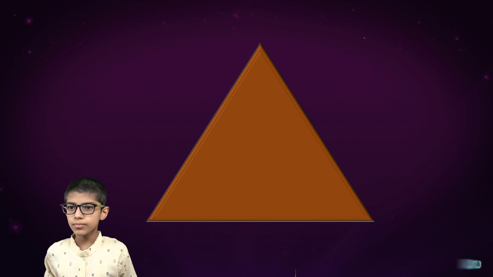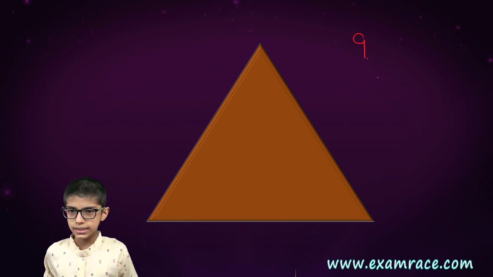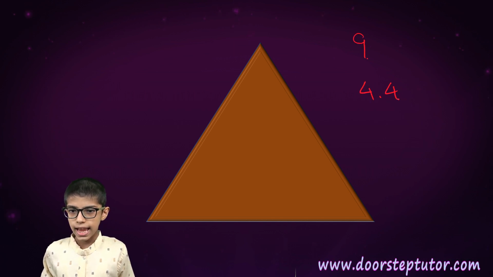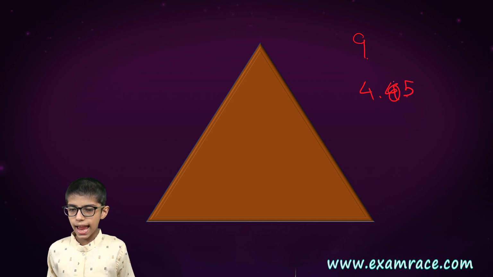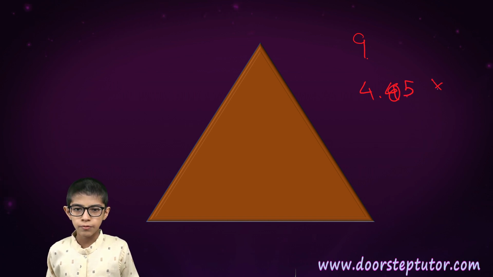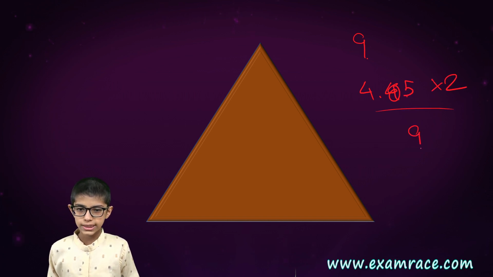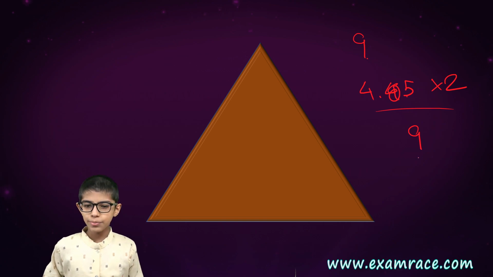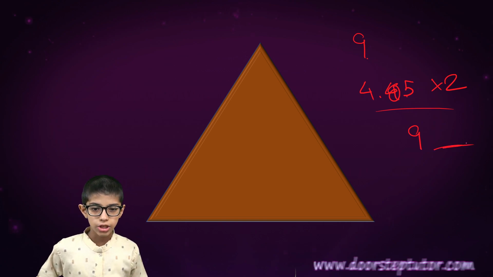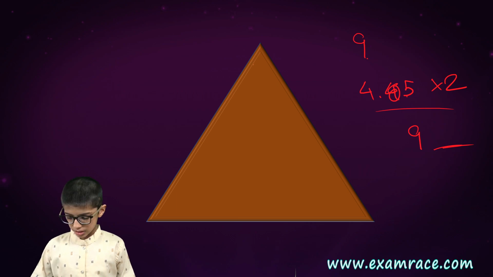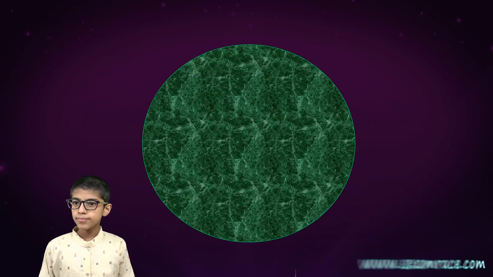So, if the base is 9, then 4.5. And if the height is 2, then 4.5 into 2, which gives us 9. So, the area would be 9, and the unit is very important. This was a 2D shape.